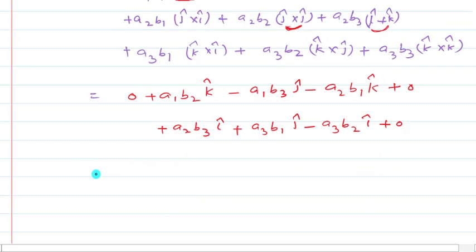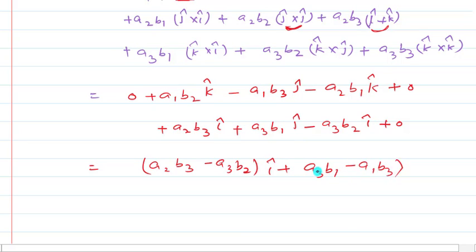Let us rearrange this. So we are getting (A2 B3 minus A3 B2) i cap. Now let us take the term with j cap. So we are getting plus (A3 B1 minus A1 B3) j cap. And the next term, let us collect k cap. So it is plus (A1 B2 minus A2 B1) k cap.